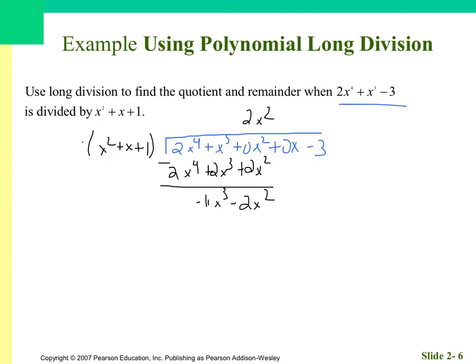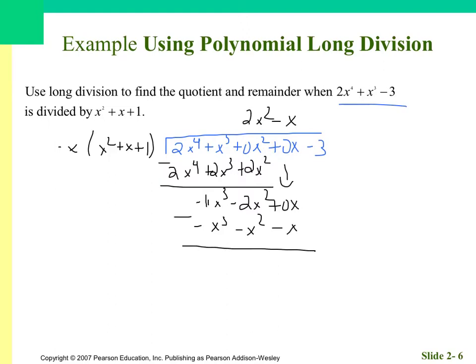So now you ask yourself, what do I have to multiply x squared by to have it equal negative x to the third? Negative x. So put the negative x out there, you get negative x to the third. Bring down that 0x. Minus x squared minus x.